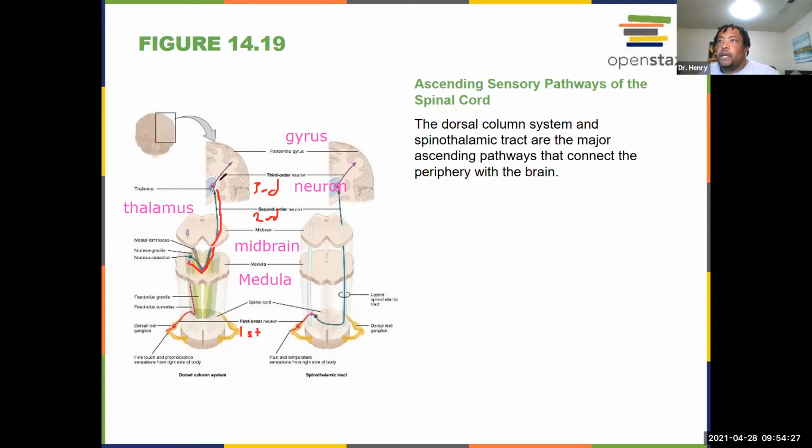Then the third order neuron takes us to the postcentral gyrus. That's going to be fine touch.